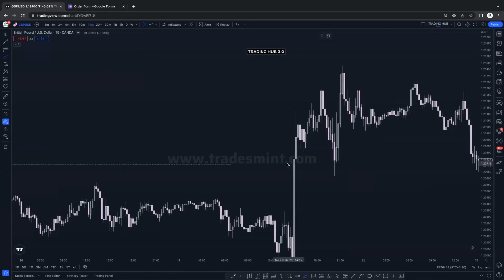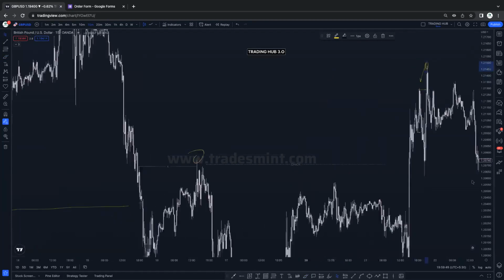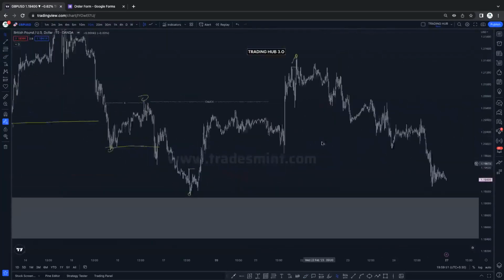Break the structure, candle close above it, take out the inducement, again go higher, break the structure. But in this case there is no inducement, so our higher high will be here. And now we have a range between this low and this high.